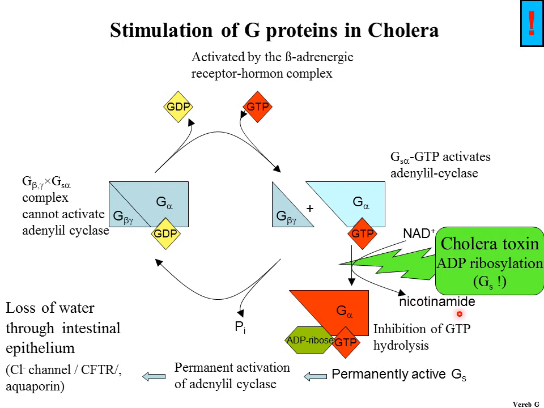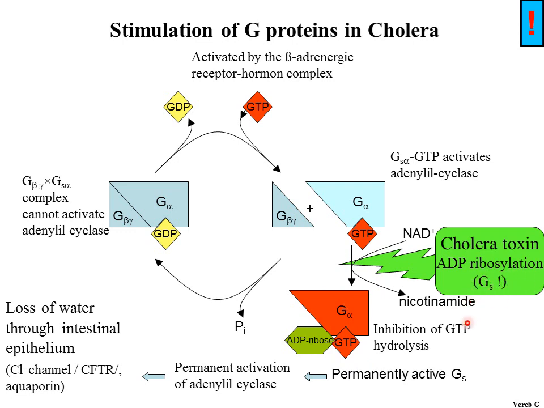So a nicotinamide is cleaved, and then the remaining part of the NAD, an ADP and a ribose, is taken and covalently bound to the alpha subunit of the stimulatory G protein.